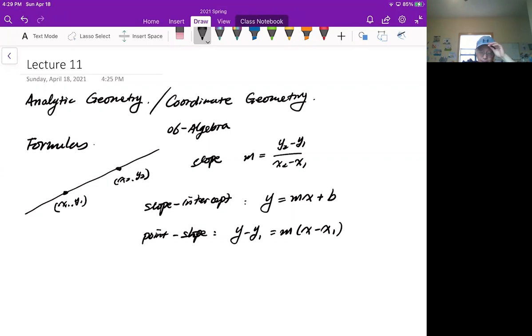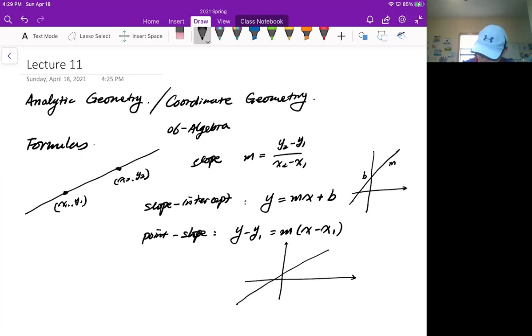And you can draw the picture here. For the first one, this is the b here, and m is here. For the other one, you draw the picture and you get a point, the point (x1, y1), and then you get the m here. So if you know the slope and you know a point, then you have the point-slope formula.